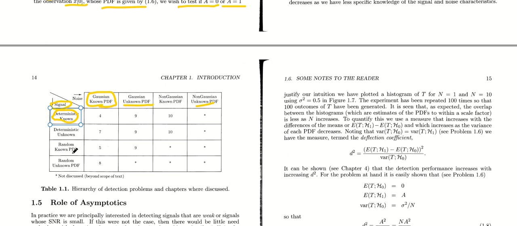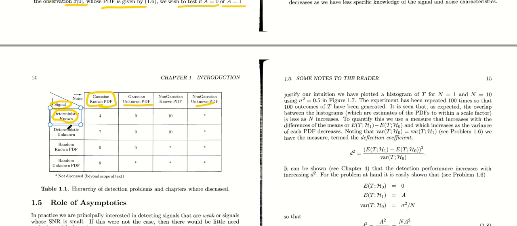And random and known means maybe you have a Rayleigh distribution, but you don't know much about the statistics. For example, the variance you don't know, right? And it could be deterministic and unknown. In some communication systems, you know the signal is deterministic, but you don't know the waveform.